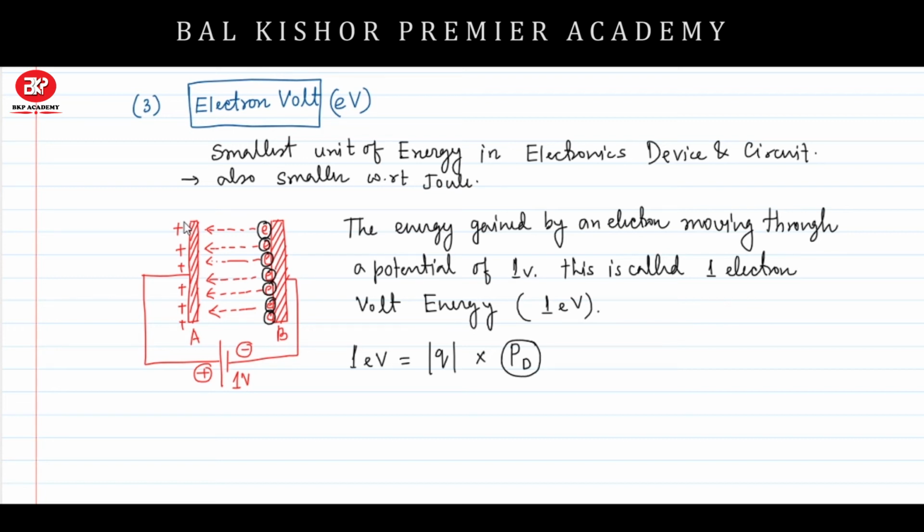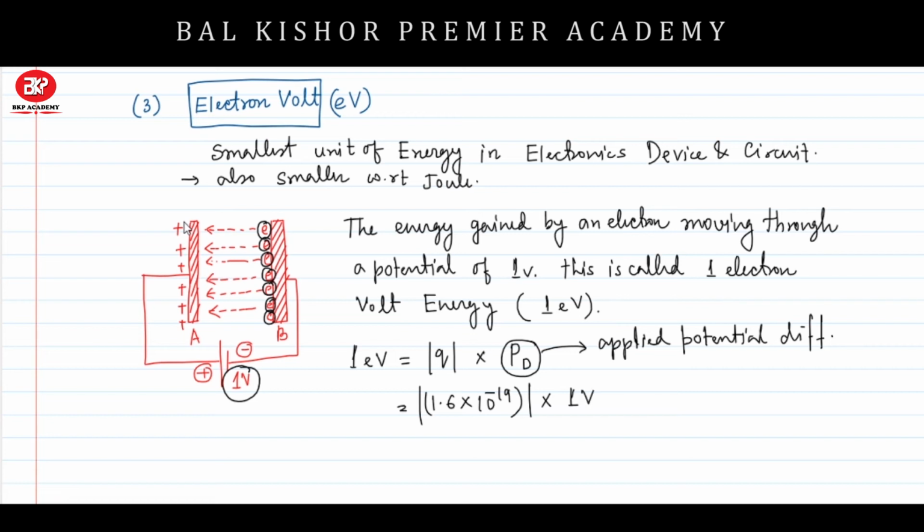So from this equation we can put the value of Q. We know that it is 1.6 into 10 to the power minus 19, and there will be a mod value, into the applied potential difference, which means we have applied 1 volt.